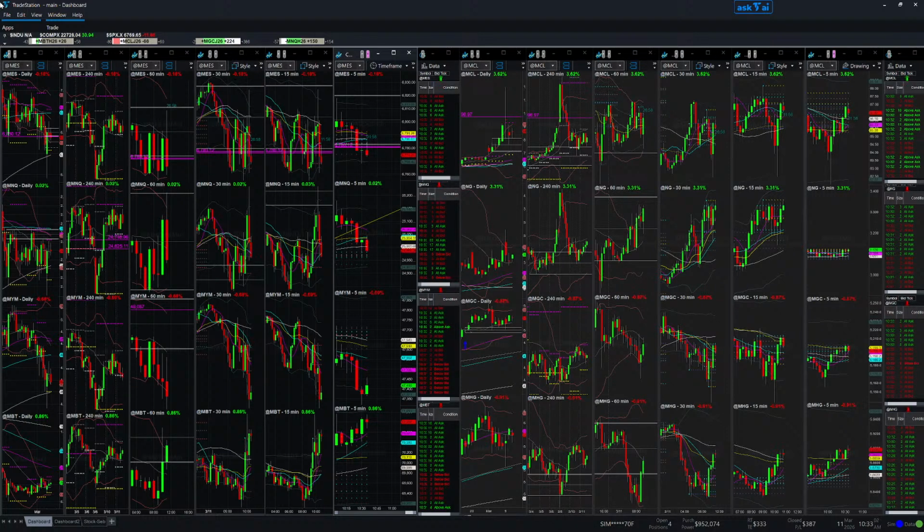I'm short in the NASDAQ. The strategy just did it. Didn't even think. All right. So gold is hitting some resistance here.